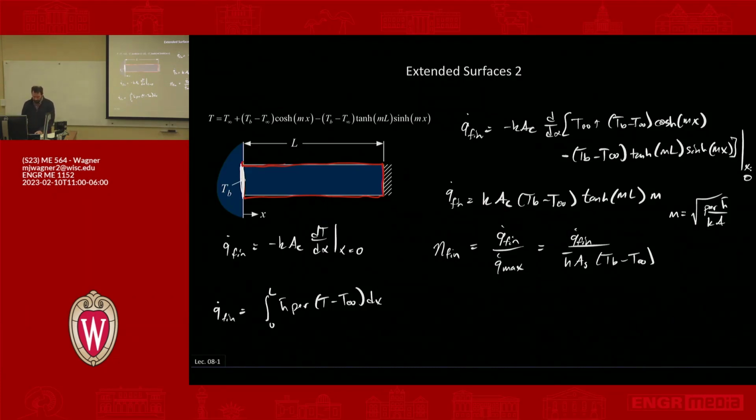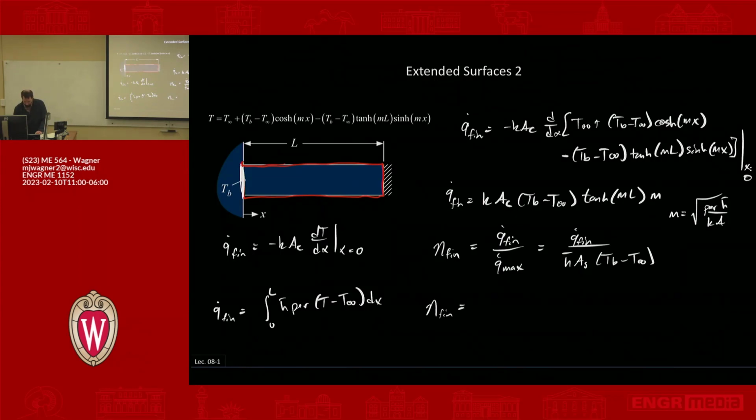Let's bring in our original expression and rewrite this. So eta fin is equal to, what I'm going to do is take this m that's over here, which involves k and AC, and I'm going to combine it with these, and you get this kind of square root term that multiplies everything.